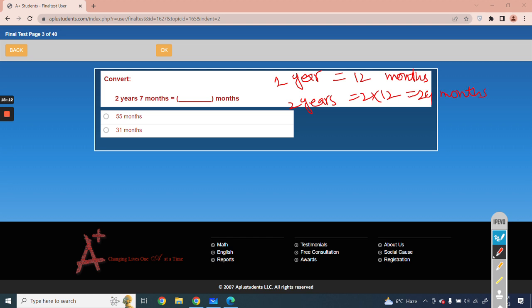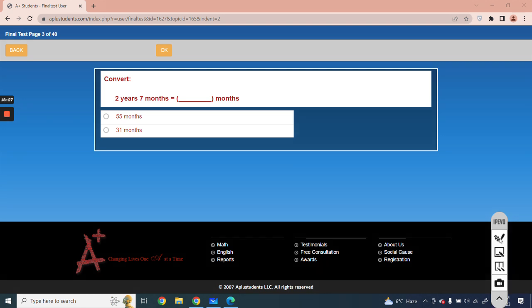And 2 years equal 24 months, and add 7. So 24 plus 7 is 31 months. That means the total time is 31 months. Got it? The second option is the correct option. Just select the correct option and click on the OK button.